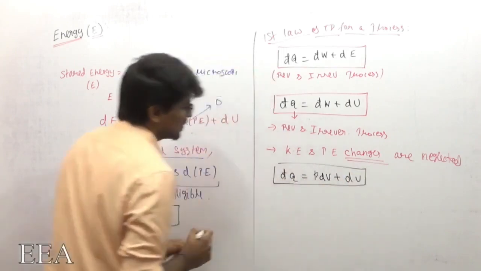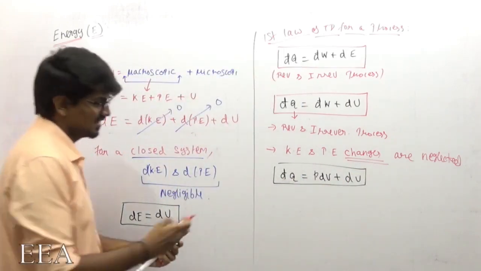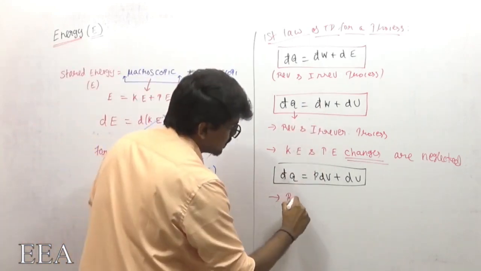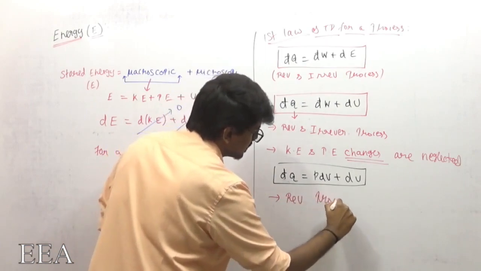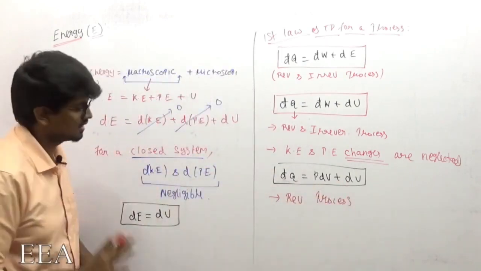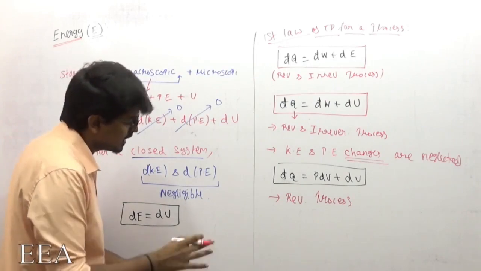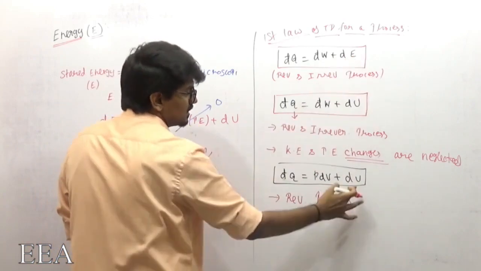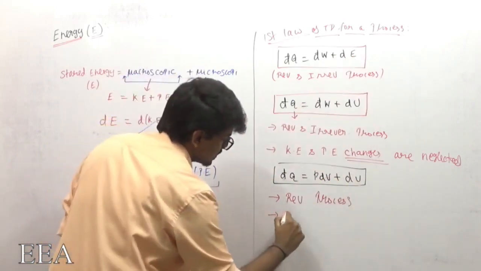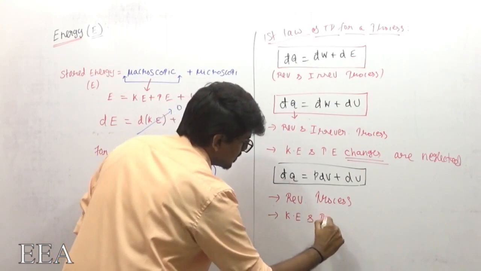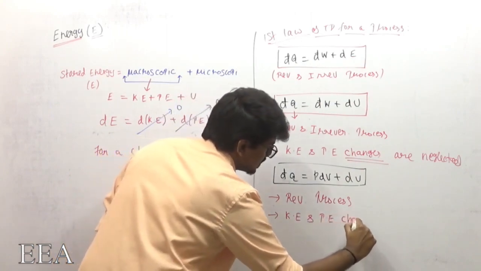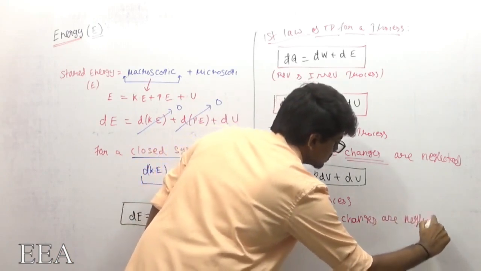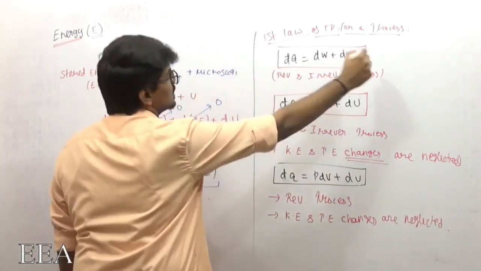What are the assumptions included in this equation? First, in place of δW, I substituted PdV. So only reversible process. And then I replaced dE with dU, which means kinetic energy and potential energy changes are neglected. Of course, it is for a closed system.